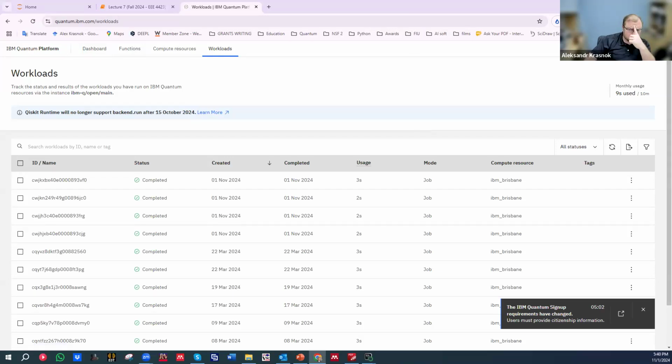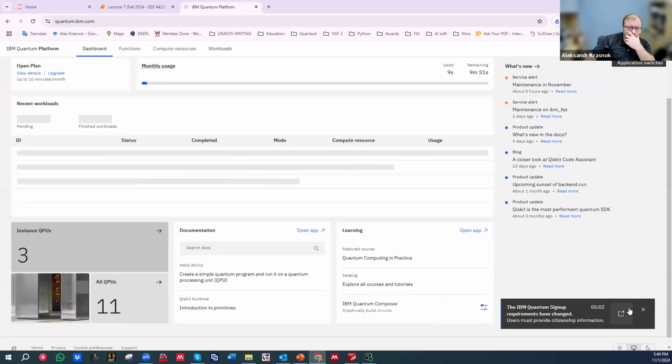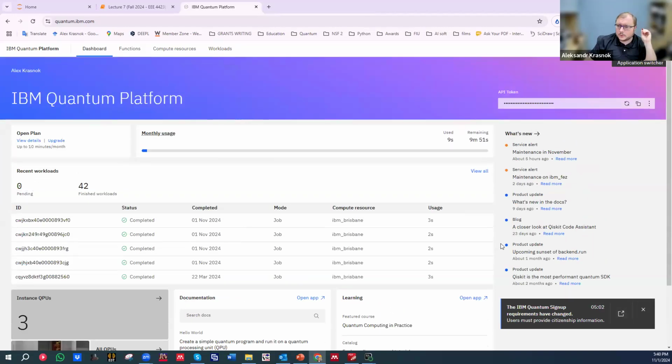So this is my account in IBM Quantum. I believe you have all already registered here and got your personal API token. You will need this API token for your homework and your lab work simulations.